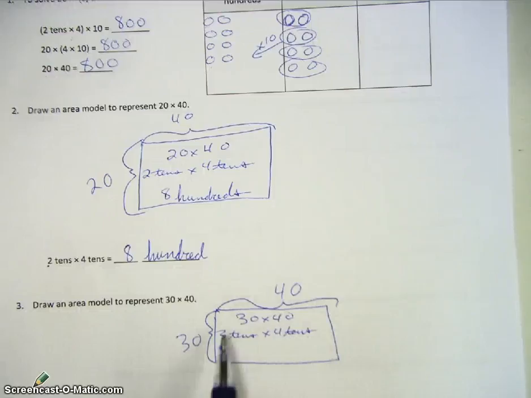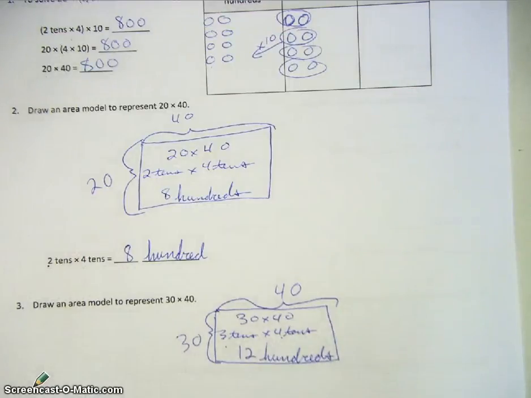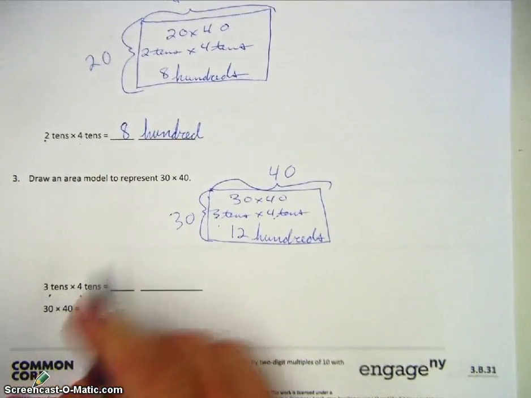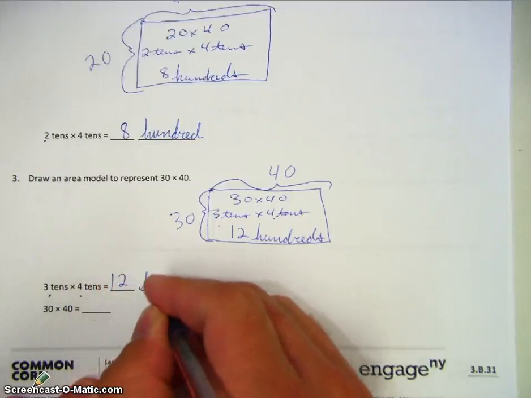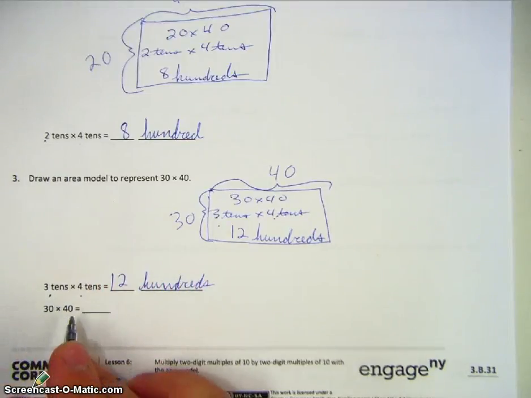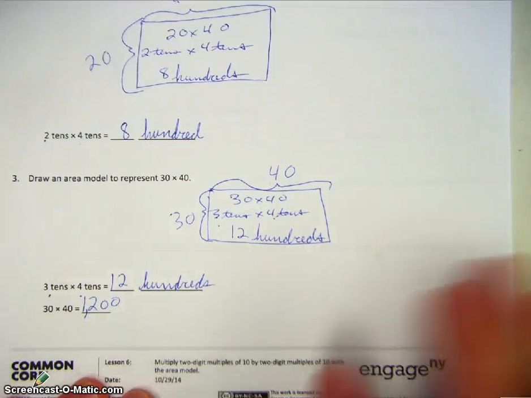So we know 3 times 4 is 12, and then 10 times 10 is 100. So 3 tens times 4 tens gives us 12 hundreds. So 30 times 40 is 1,200.